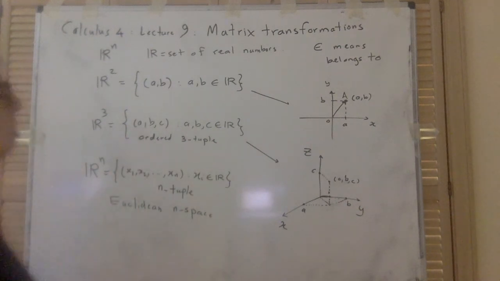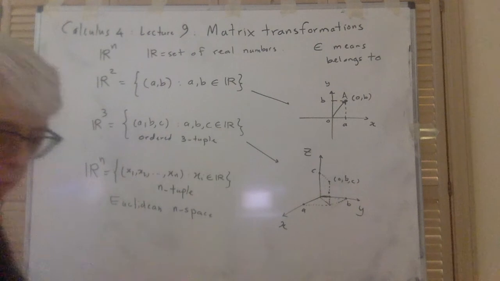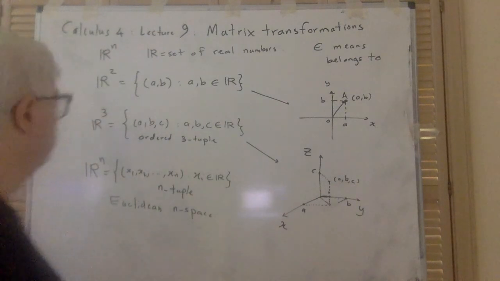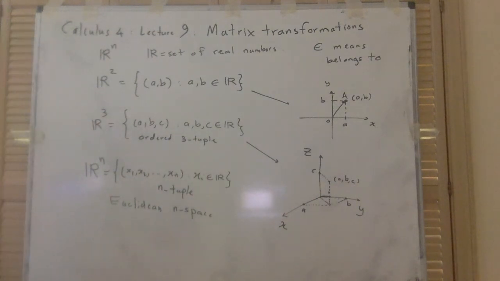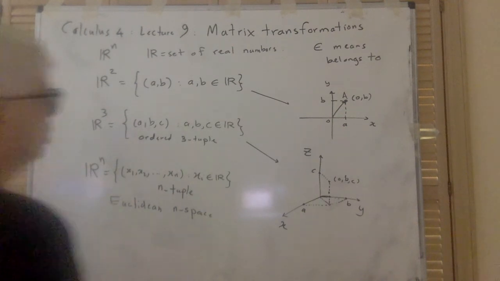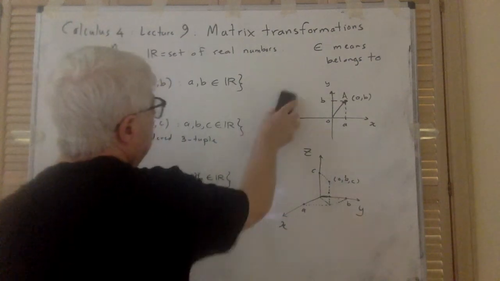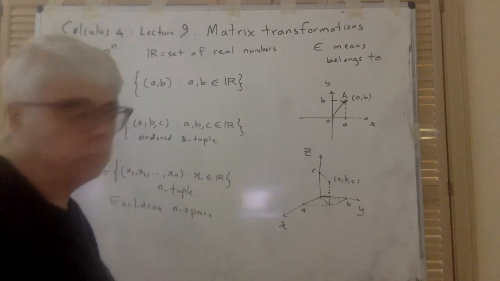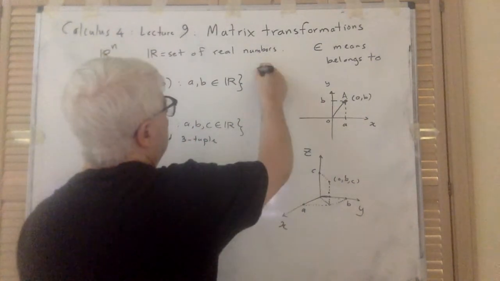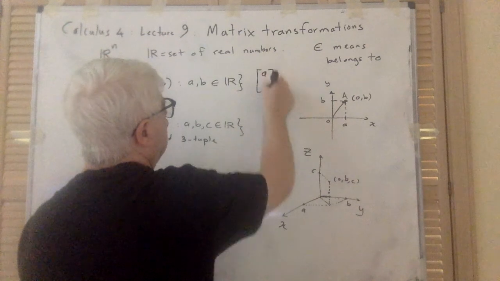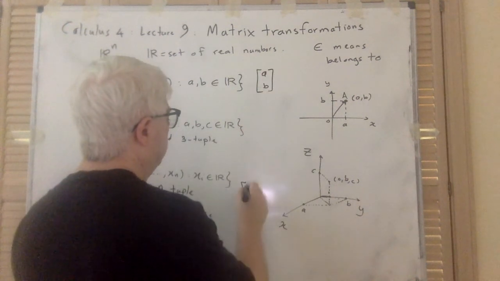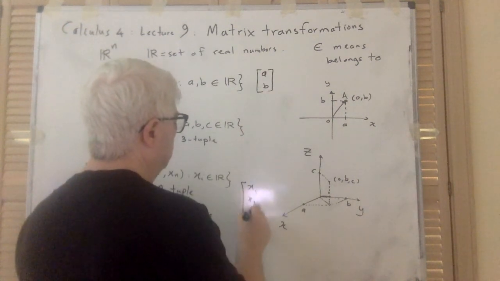Now, in this course, we usually use column matrices to represent vectors. So a vector will be A comma B, or A, B, or here x1, x2, xn.